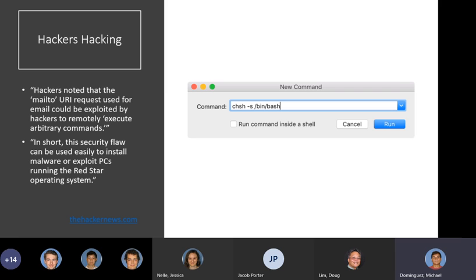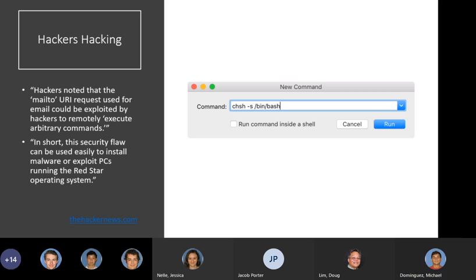And so, in short, the security fault can be used to easily install malware or exploit PCs running on the Red Star operating system.